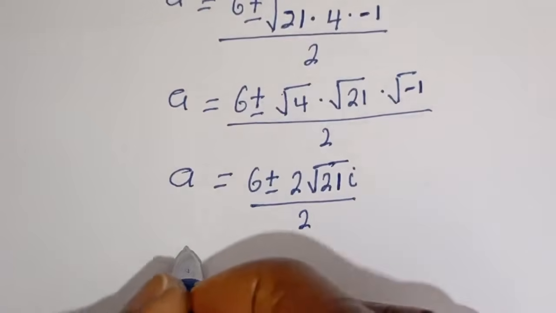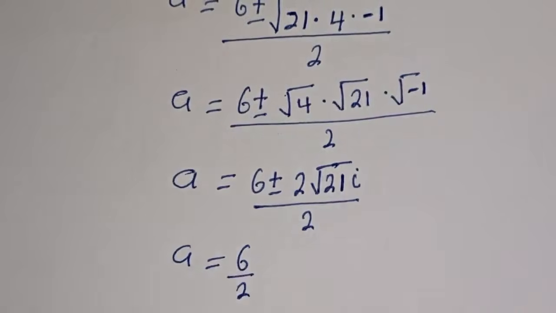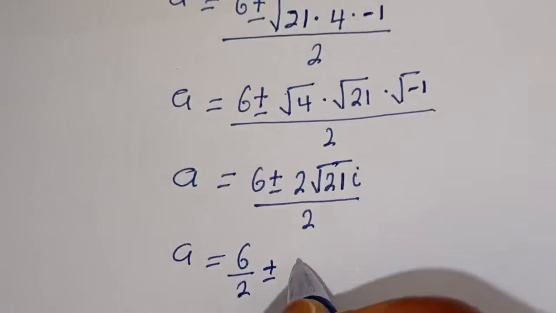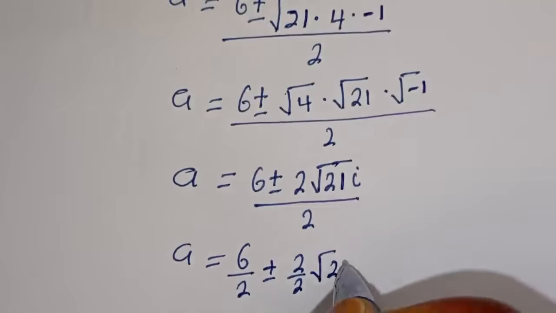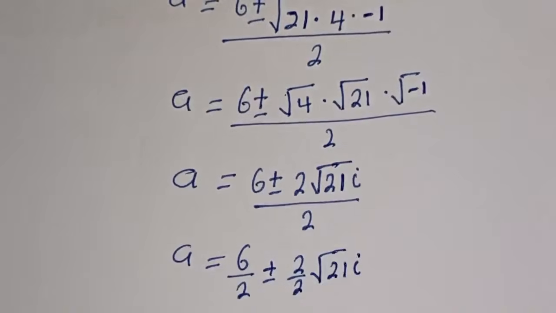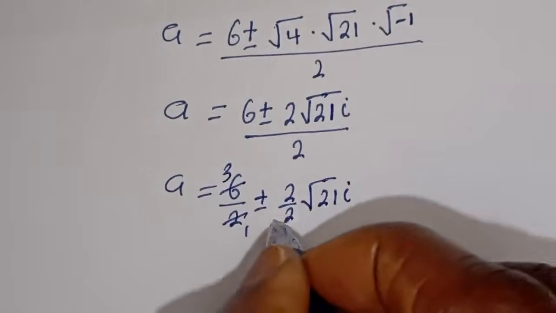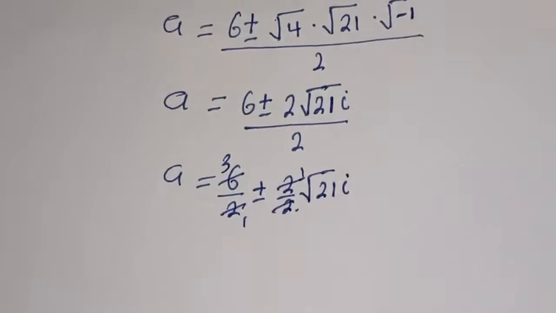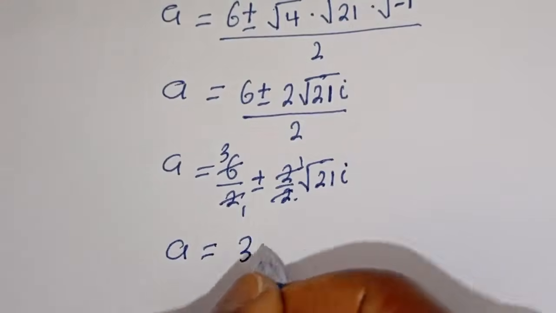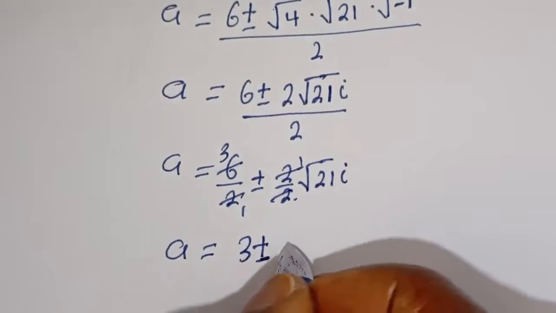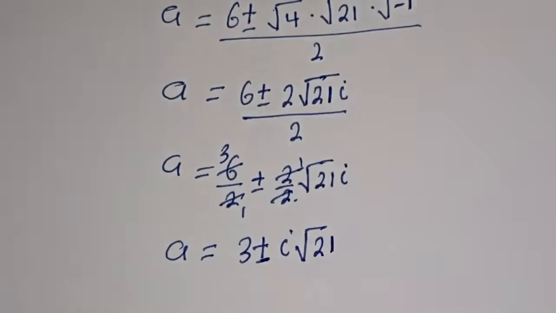Then a is equal to 6 divided by 2 plus or minus 2 divided by 2 square root of 21i. Now 2 here, 1, 2 here, 3, 2 here, 1, 2 here, 1. a is equal to 3 plus or minus i root 21.